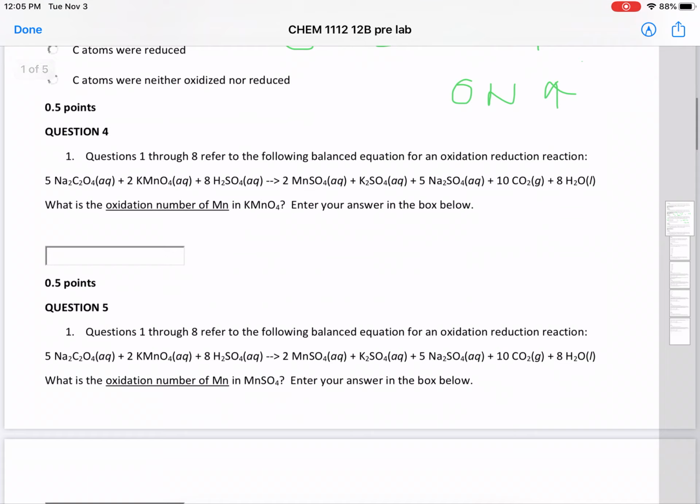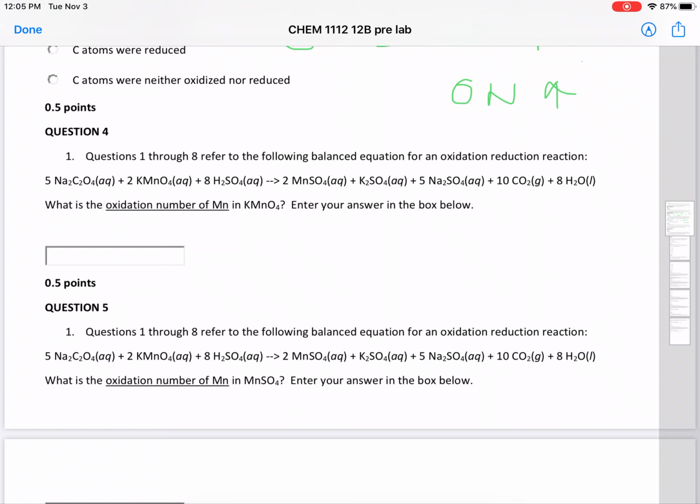Next one, similarly, you want to find out the oxidation number of manganese in potassium permanganate. We can either go by knowing the oxidation numbers of potassium and oxygen and then find manganese, or we can separate it into its ions.